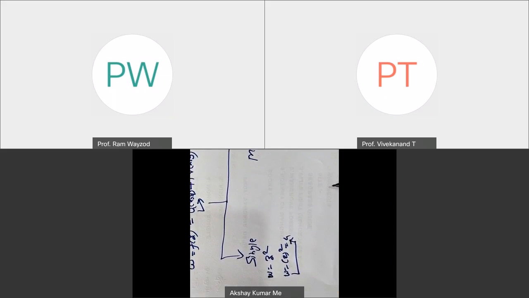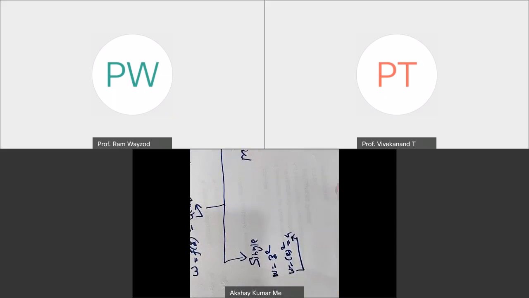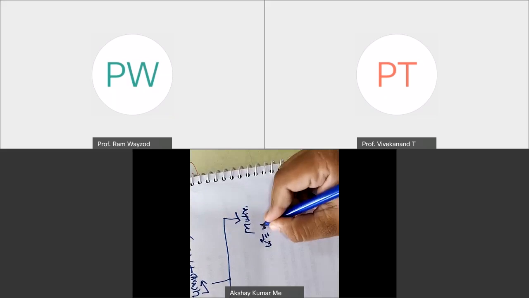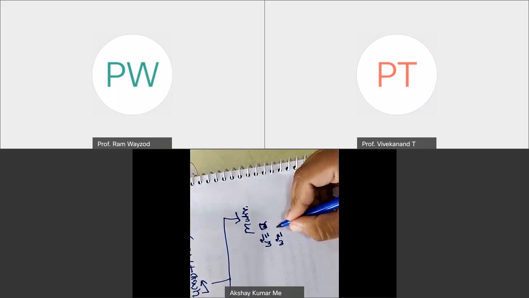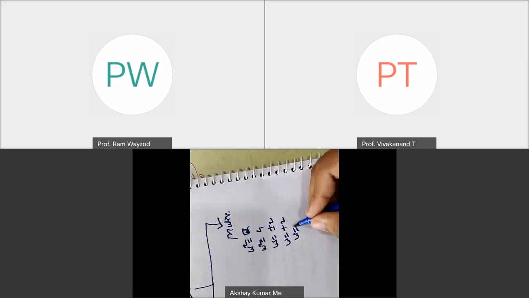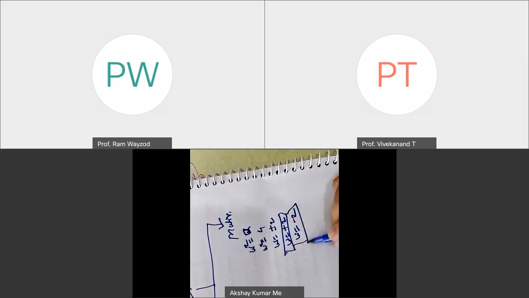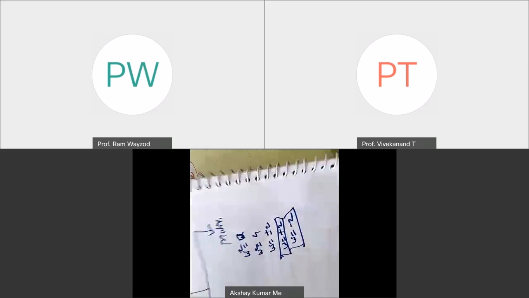That's why omega equal to z square is a single-valued complex function. Similarly, if we define omega square equal to z, so omega square equal to 4, then omega is equal to plus or minus 2. So we get omega equal to plus 2 and omega equal to minus 2. So we get more than one value, known as a multi-valued function.